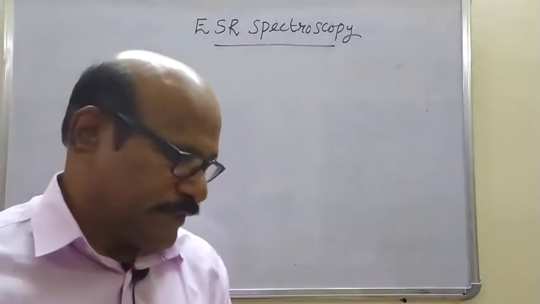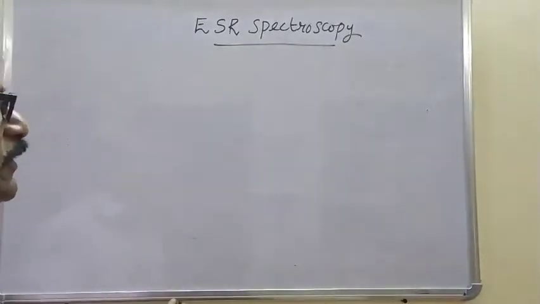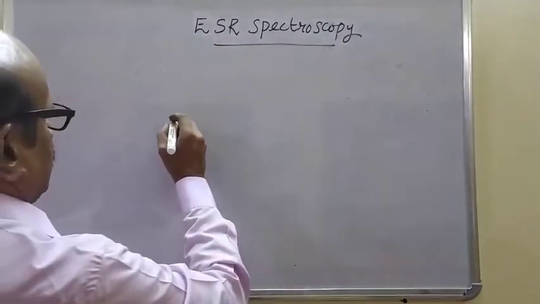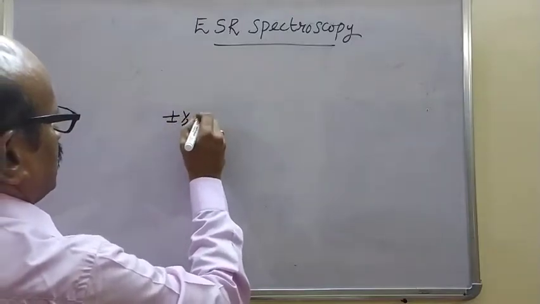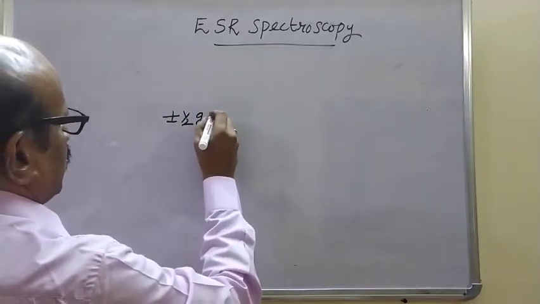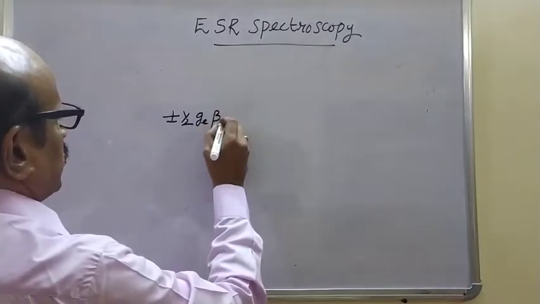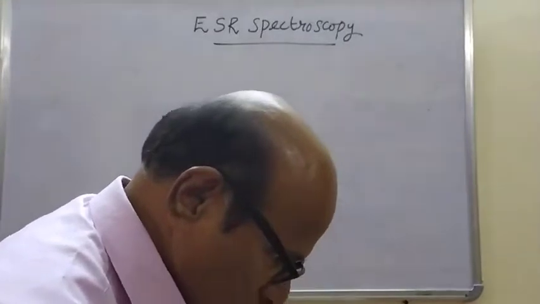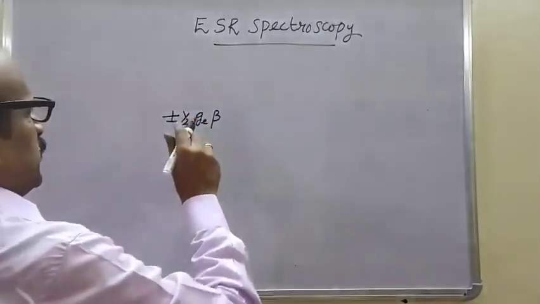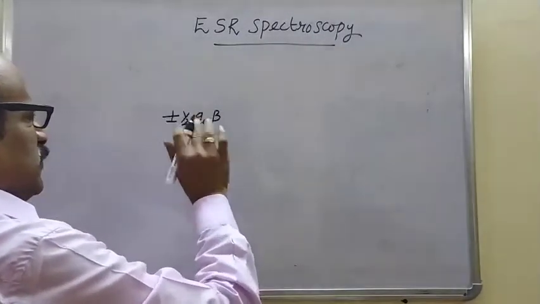So we have a degenerate spin level of the unpaired electron in a paramagnetic species, plus or minus half g beta B0.